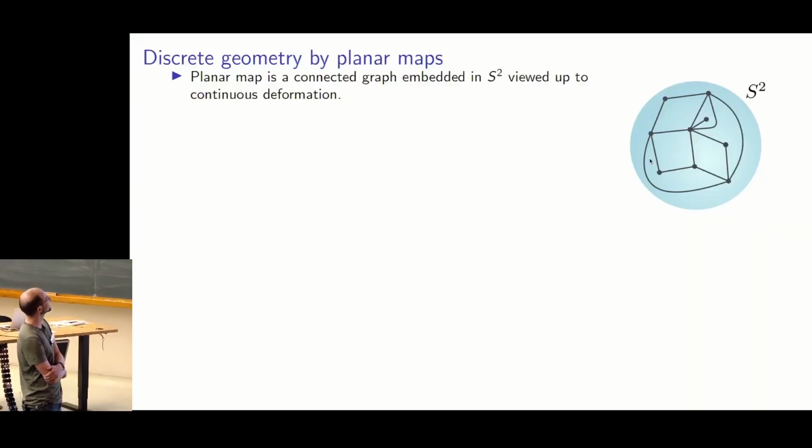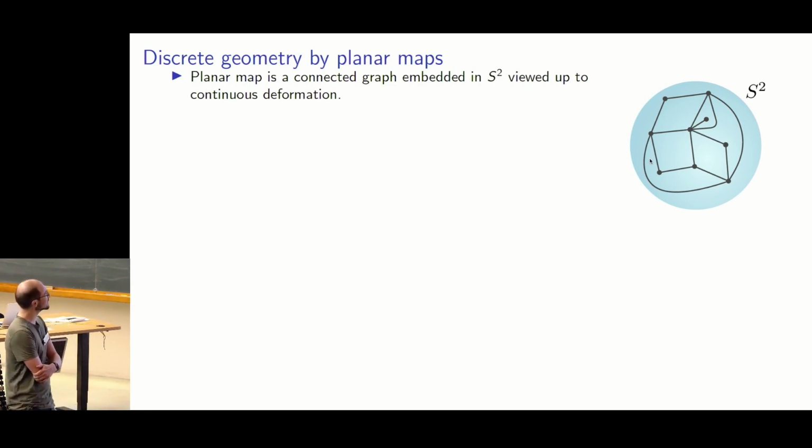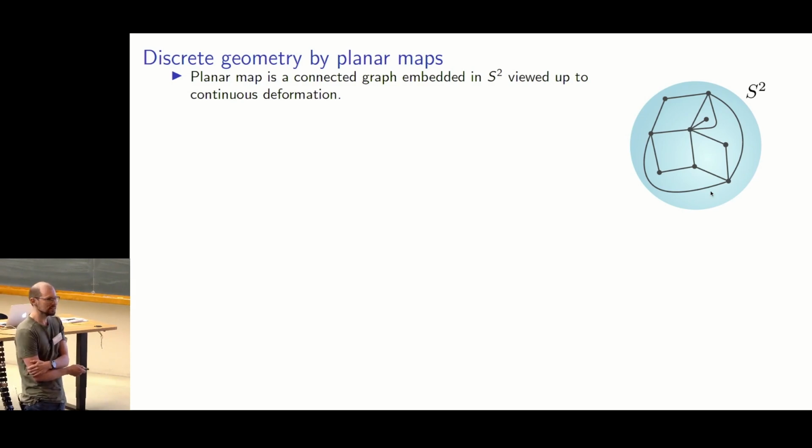Okay, joking aside, there will be two main characters, both are planar maps, and they will feature in this bijection. I don't think I need to go through all the definitions of a planar map, since they were already present in Mireille's talk yesterday, also Gregory's, and the morning talks featured planar maps. So let's just agree that a planar map is a graph properly embedded in the sphere.